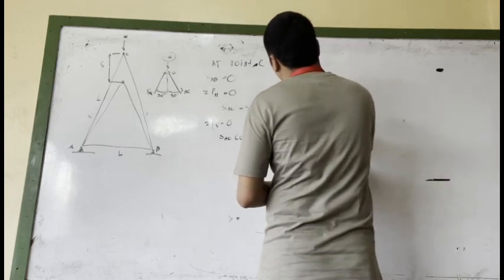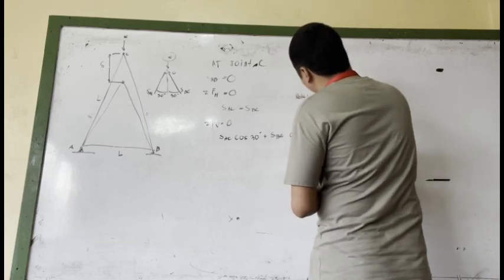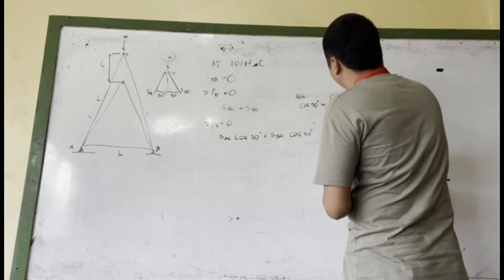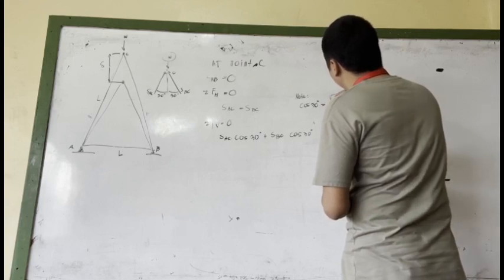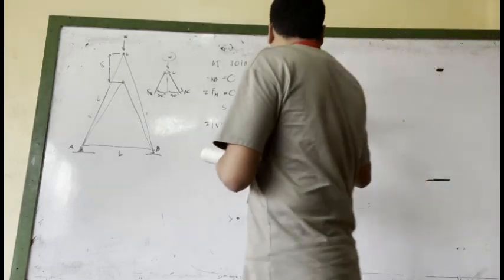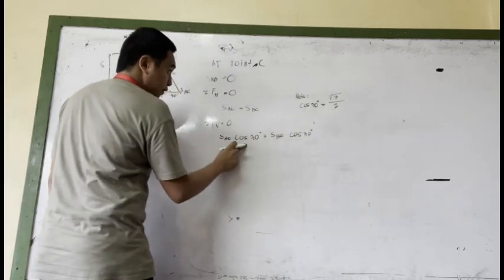Note that the value of cos 30 degrees in fraction form is equal to square root of 3 over 2. So we have to simplify this one. Substitute the cos 30 with this.